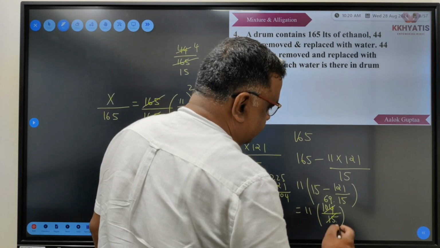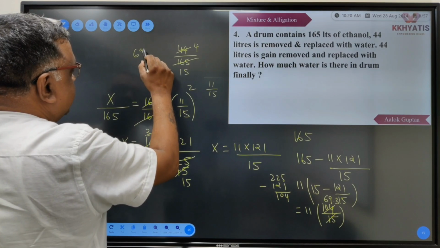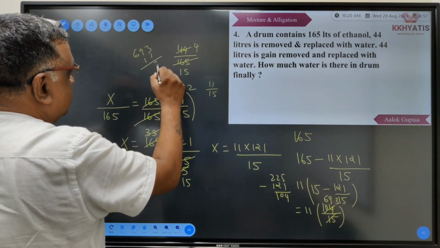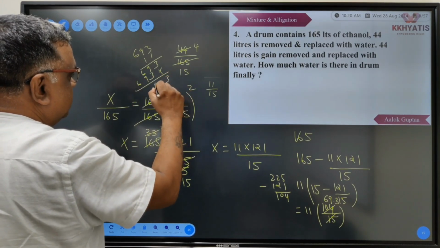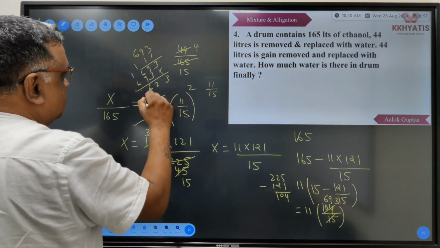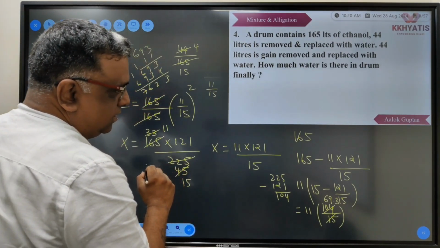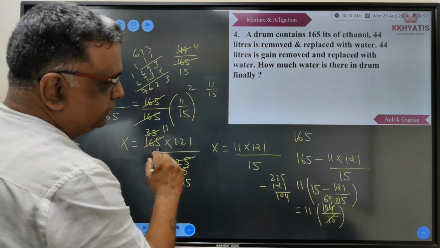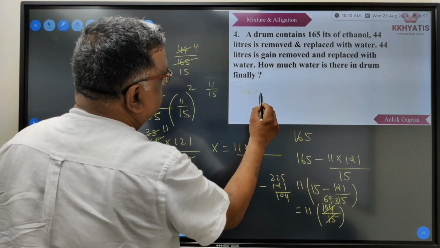So still 5 would be left. So 69.3 approximately. So we can do 69.3 into 11. 396, 396. 3 into 11 is 33, 6, 1, 7. And decimal was 1 to 762.